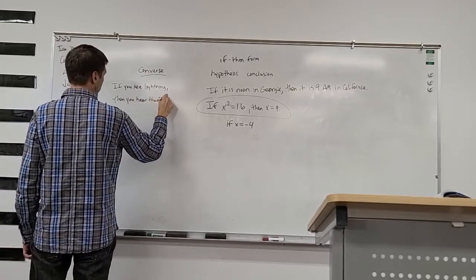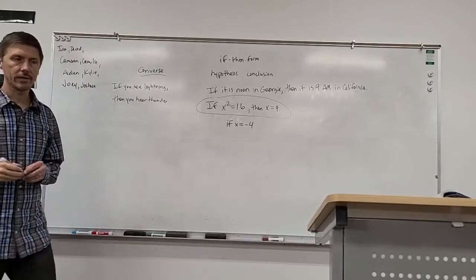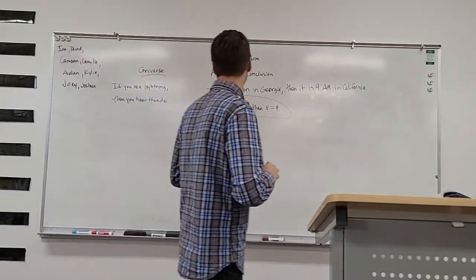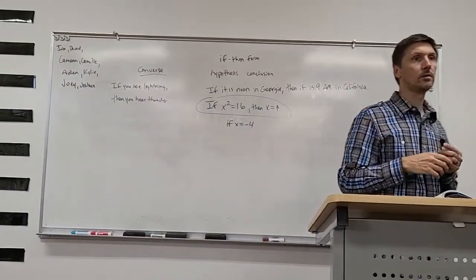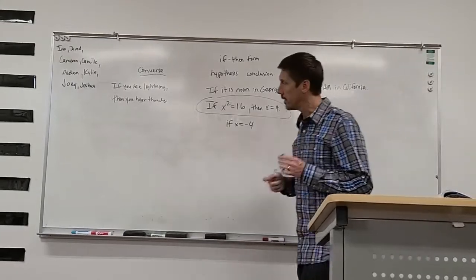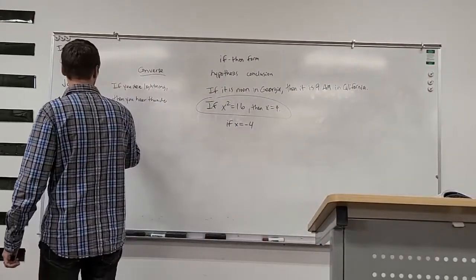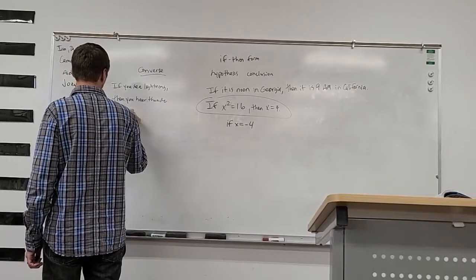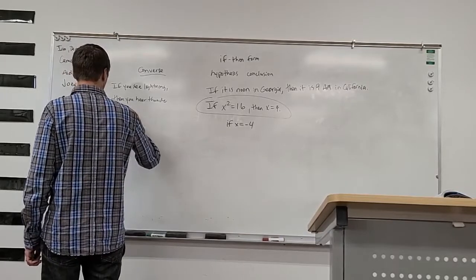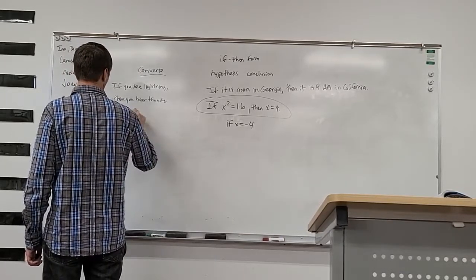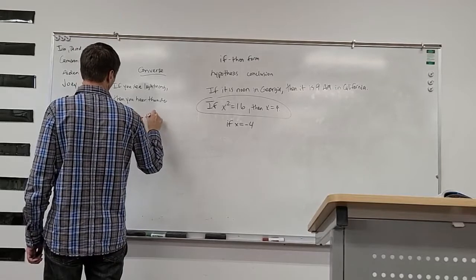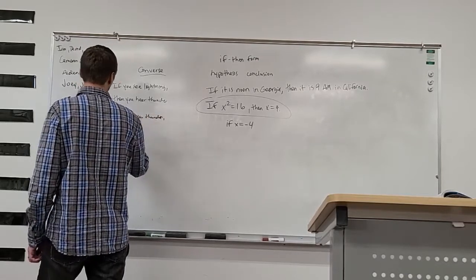If I tell you that the converse is the reverse of that, what would be the converse of that statement? Cal? If you hear thunder, then you see lightning. Yeah, there you go. We just replace the if portion with the then portion and vice versa. If you hear thunder, then you see lightning.